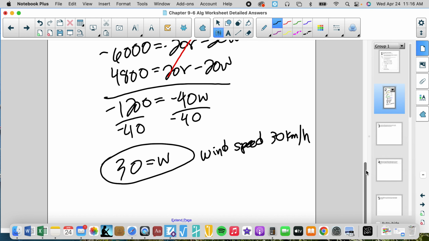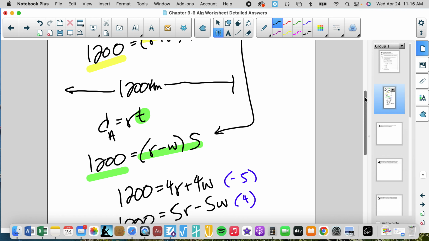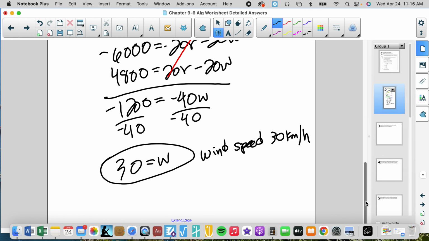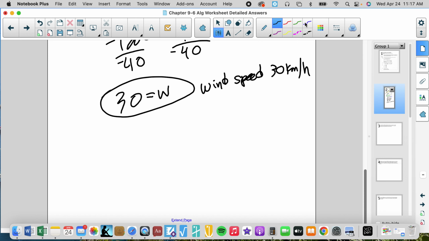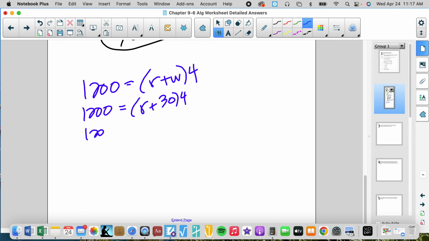And now if I want to find the rate of speed, I can take either of those equations. We'll take, let's do it in blue, 1200 equals R plus W times 4. So 1200 equals R plus 30 times 4. 1200 equals 4R plus 120, minus 120 both sides.